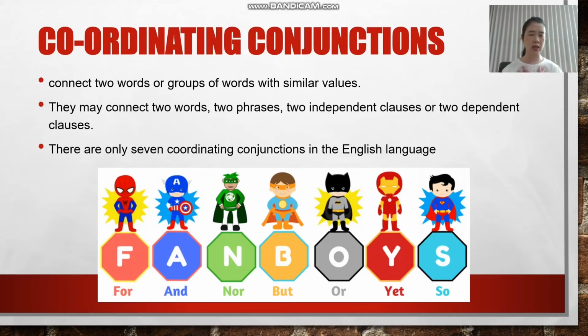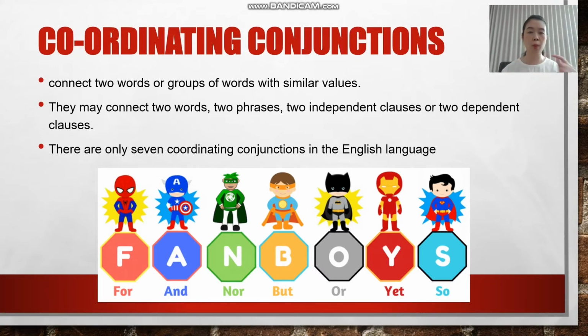I have to say two phrases, frankly. Okay, there are only 7. Alright, 7 coordinating conjunctions in the English language. Wow! And you can see that there's a way to memorize them all. Okay, so they are called fanboys.